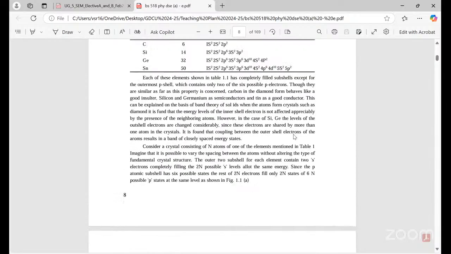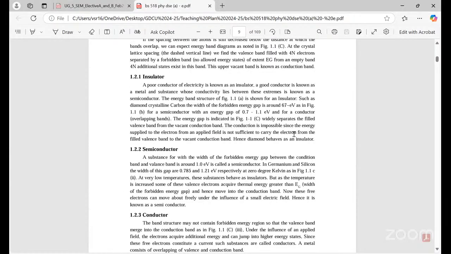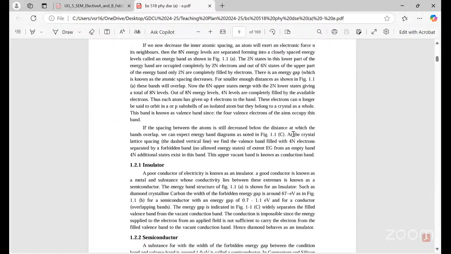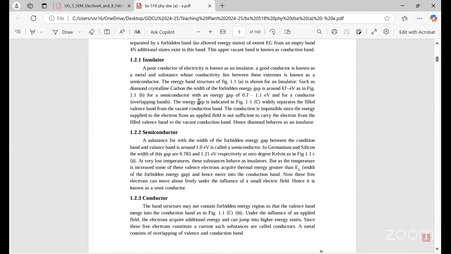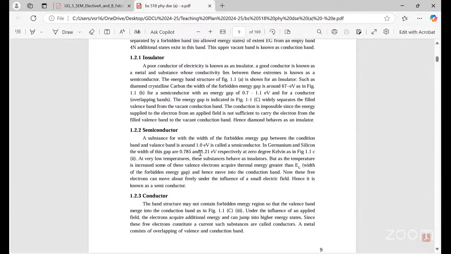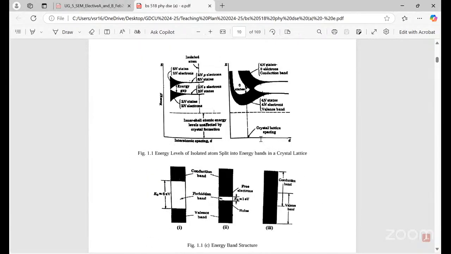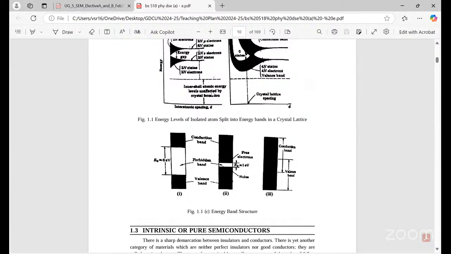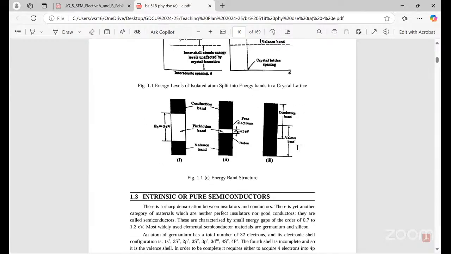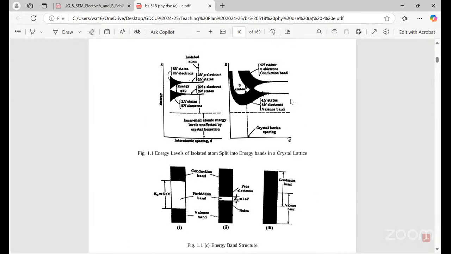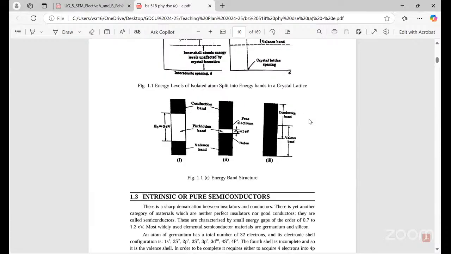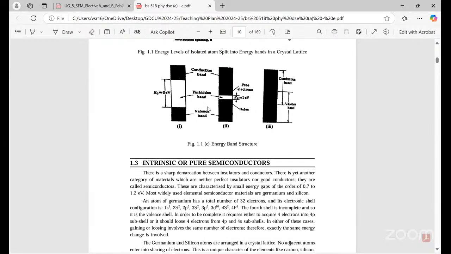These are the electronic configurations. Based on the electronic configuration, we decide which materials are insulators, semiconductors, or conductors. These are the energy gaps and energy bands. You need not be worried, because we already discussed it. Energy levels of an isolated atom, how the bands form in a crystal, and the energy band structure with the gap you can see here.